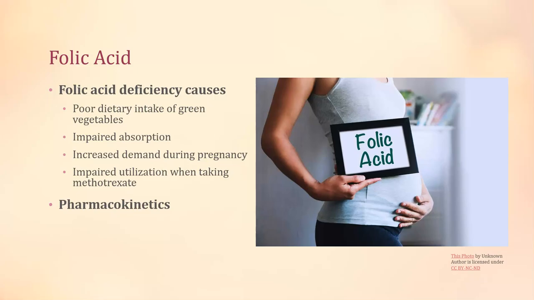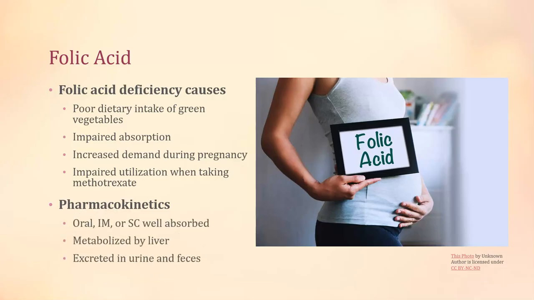Folic acid deficiency is usually caused by poor dietary intake of green vegetables, impaired absorption, and there is an increased demand of folic acid during pregnancy, and folic acid can be impaired when taking methotrexate. It can be absorbed oral, IM, or sub-Q.